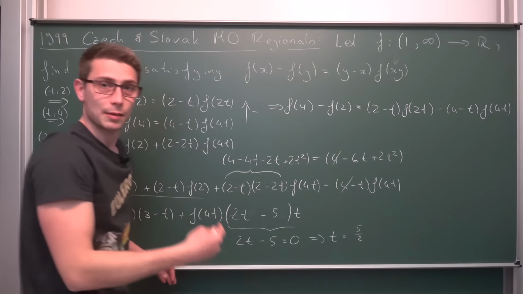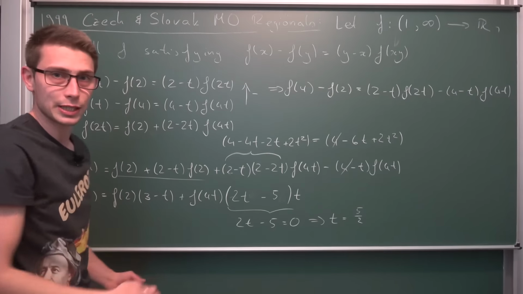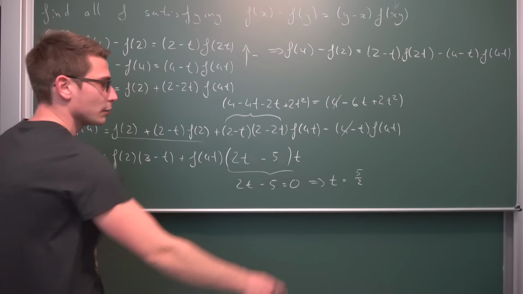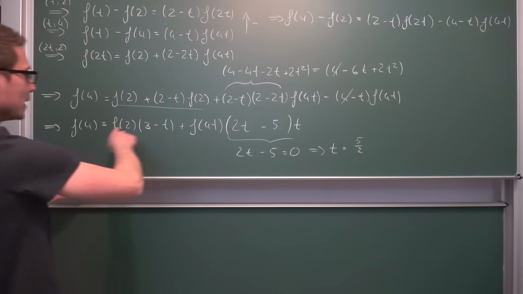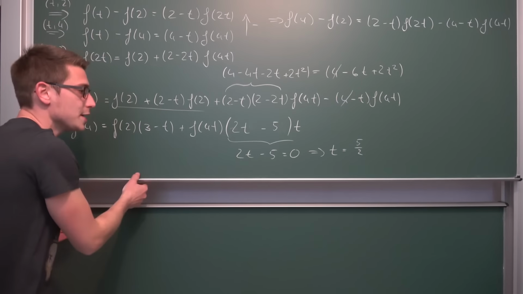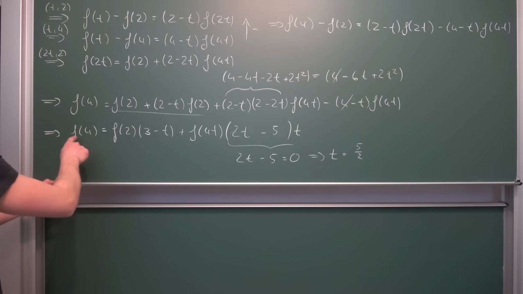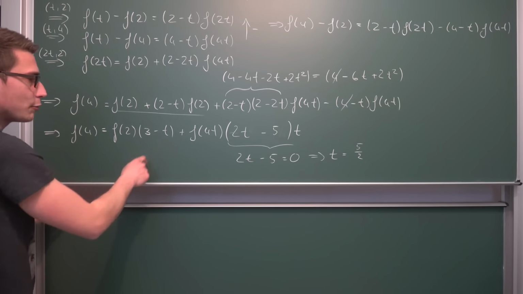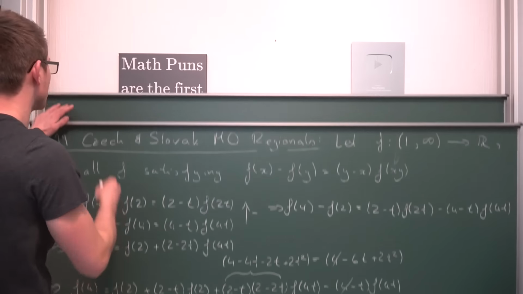This is a value that we could plug in for our t, which is still in our interval. So if we were to plug in 5 over 2 into our t's here, then this whole part is going to vanish in the process, and we are going to be left with f of 4 is equal to f of 2 times 3 minus 5 over 2. So let's do this real quick.